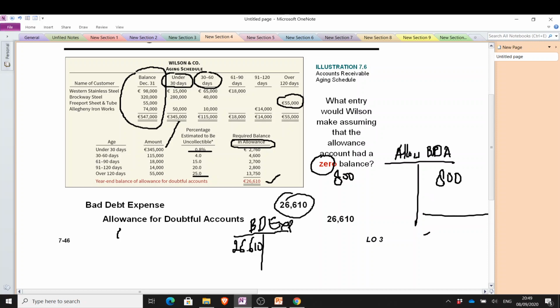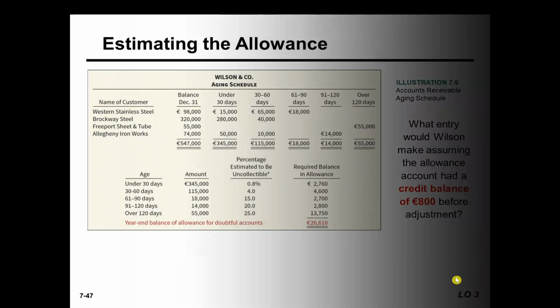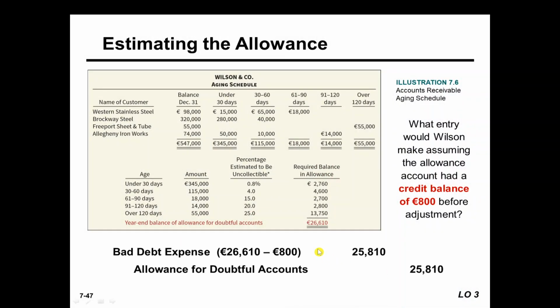And we need to have 26,610, and then we only need 25,810 as our bad debt expense. So that is why in our slides here, we only need to record bad debt expense as much as 25,810.